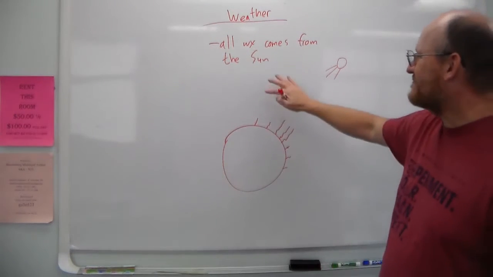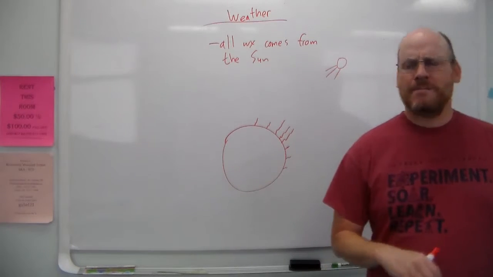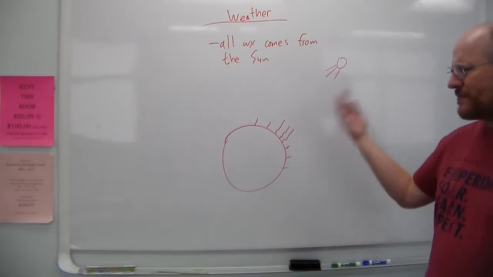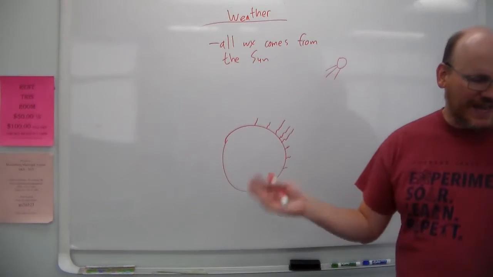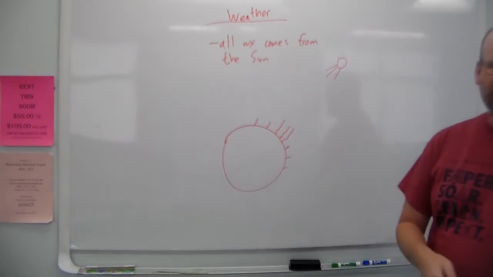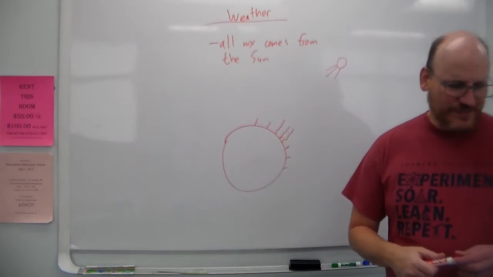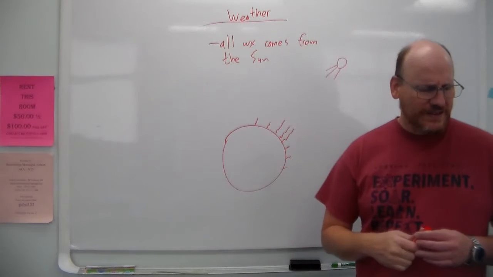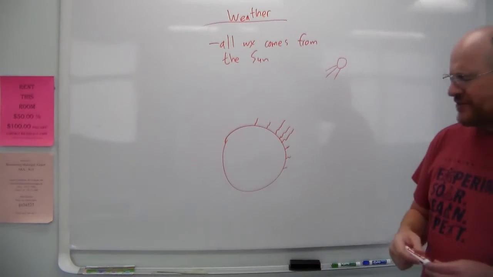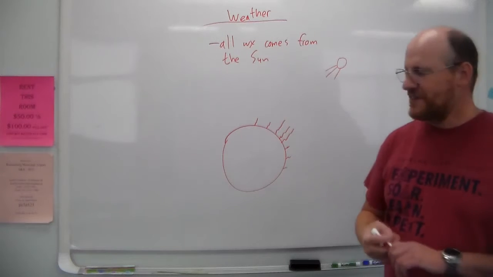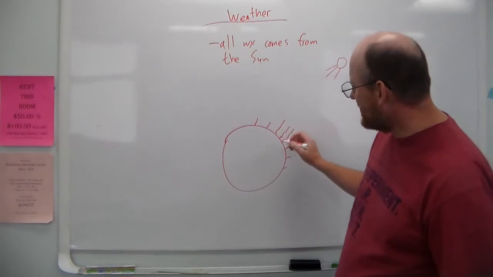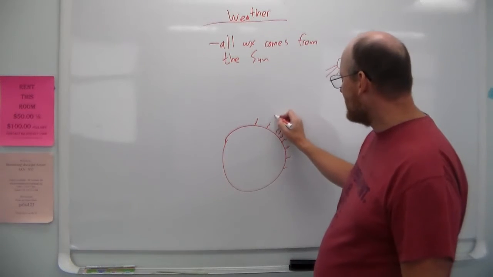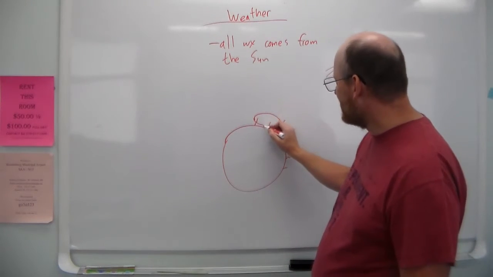So, anyway, weather comes from the sun. The sun heats the air, it rises, and it's that circulation that causes pretty much all the weather that you're going to have. Now, if you look in your book, he'll show you all these different kinds of pictures. Like, okay, this is getting heated, and this is going to rise, and it's going to fall.